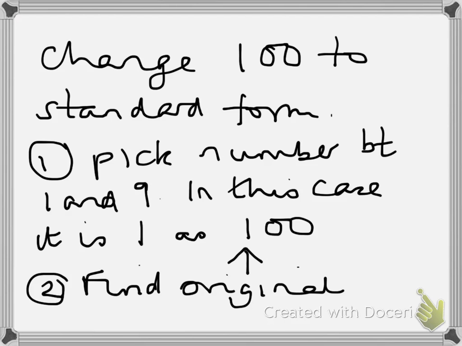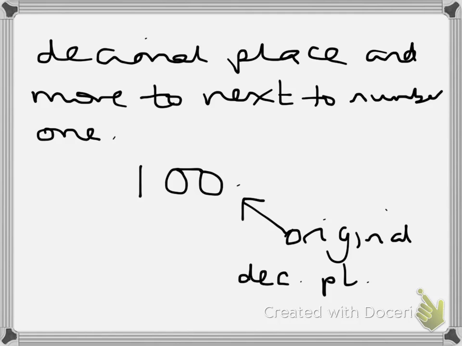So for example, if we want to change the number 100 into standard form, first thing to do is to look at the number 100 and pick that number between 1 and 9. In this case, obviously with 100, the number is going to be 1. Then we've got to find the original decimal place and move it next to the number 1. The original decimal place was after the 100.